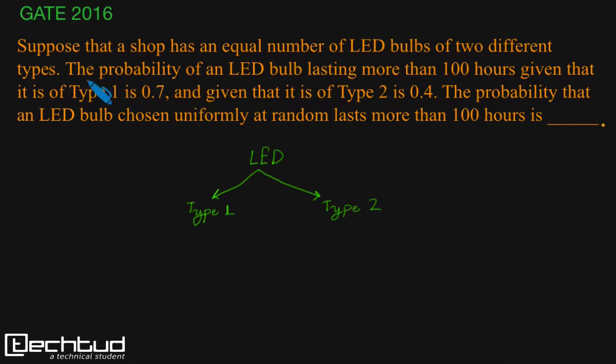Now, what's given more is that the probability of an LED bulb lasting for more than 100 hours, given that it is of type 1, is 0.7, and given that it is of type 2 is 0.4.